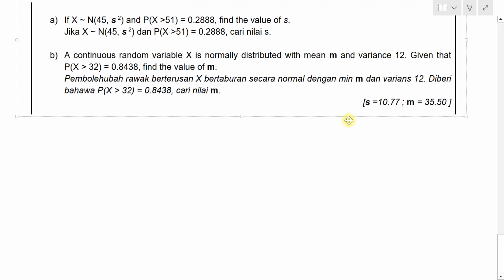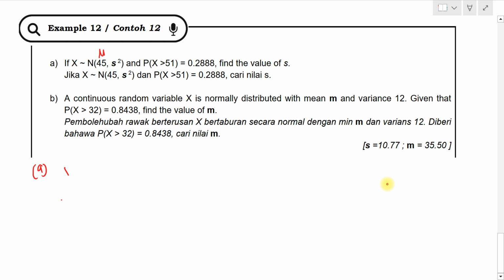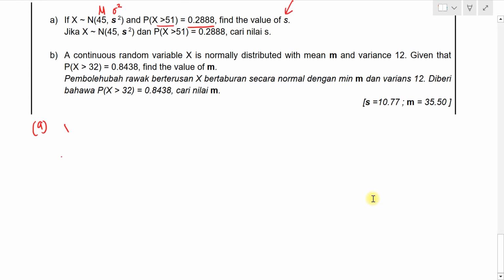Question A. Okay, question A. X follows a normal distribution. You must understand the notation. This is your mean. This is your variance, sigma square. X, they give more than 51. They already give you the value. But what is the S value? That's what the question asks us to find. So probability X more than 51. Meaning what? Probability, you cannot find X. You need to change to Z score. Remember, every time. 51 minus the mean. Mean is what? 45. Over standard deviation.